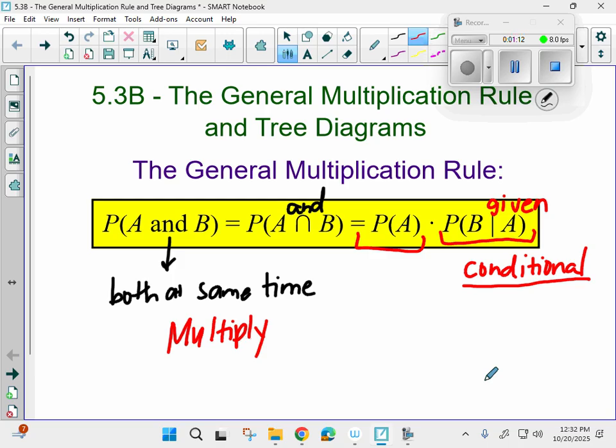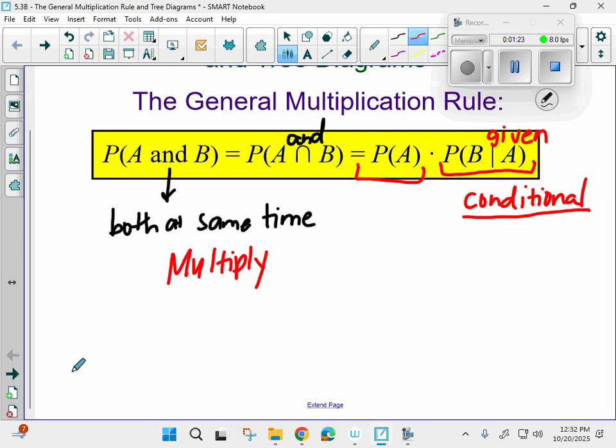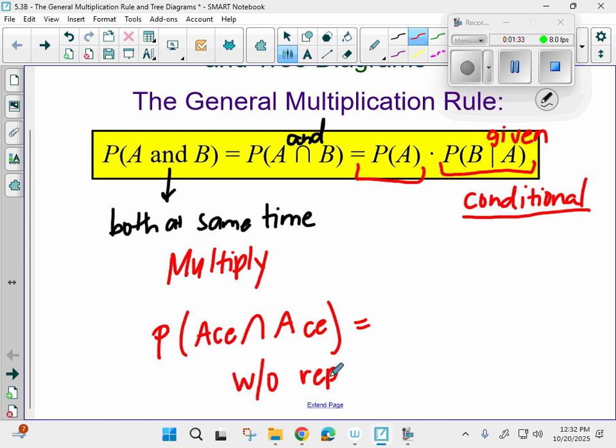So if I said, what's the probability of drawing an ace and an ace in a deck of cards, okay? So the probability of drawing an ace and an ace, and this would be without replacement. That means that the second event is conditional on the first.